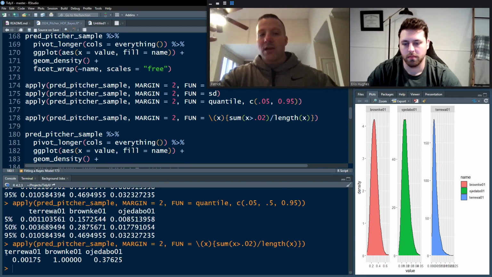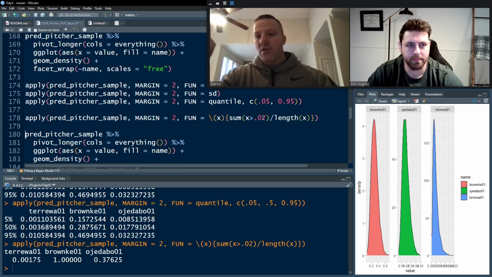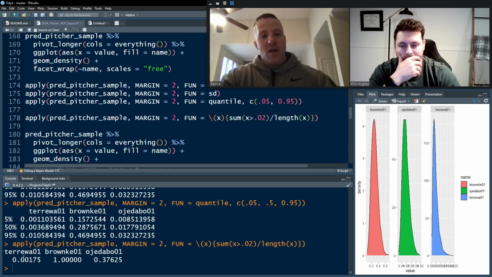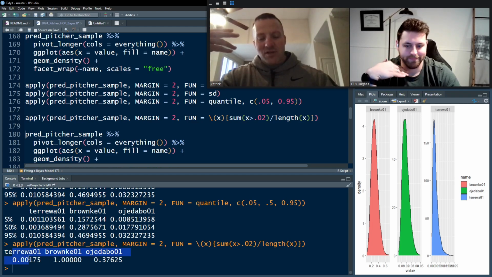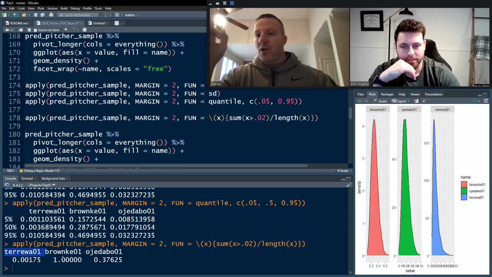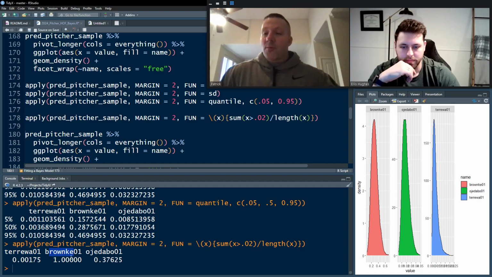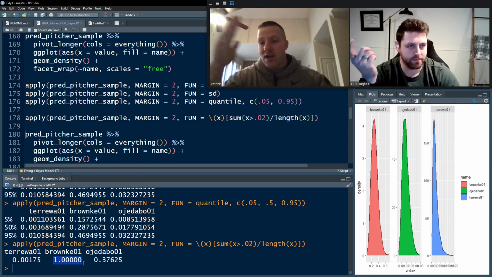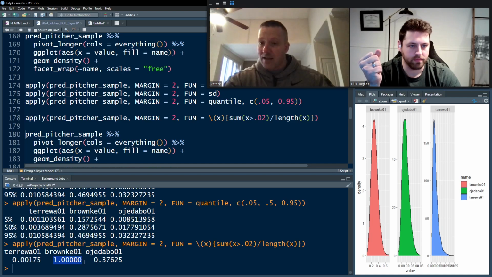So what we get returned here is the probability of each of these players having their posterior estimates be greater than 2%. You can see for the first player there, we didn't attach the names, so I don't know who that is, but there's basically a 0.2% probability density of that player having over a 2% chance of making the Hall. Contrast that to the second player. There's a 100% probability density that this player is a Hall of Fame type player based on their stats alone.